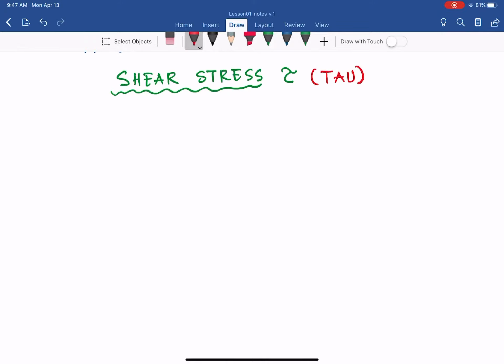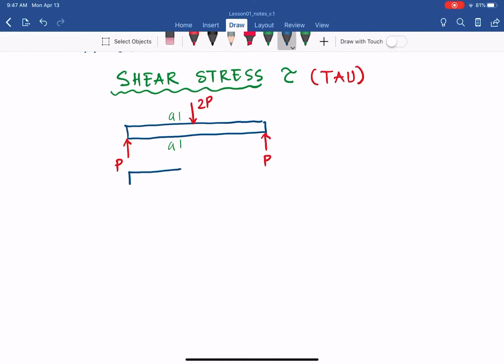If we have a simple beam with a load 2P applied, then we have reactions P and P, if it's a symmetric load applied on that member. So if we make a transverse cut on that member, we consider the left segment of the cut.